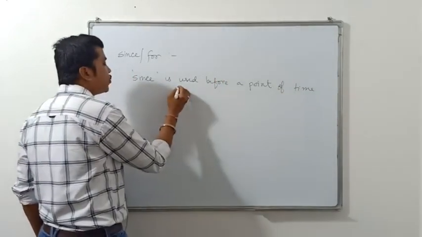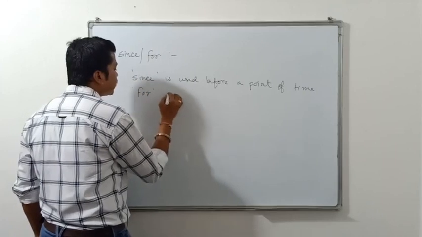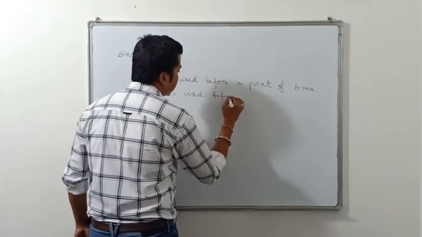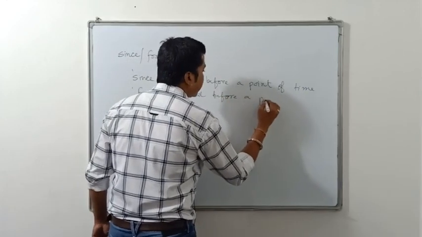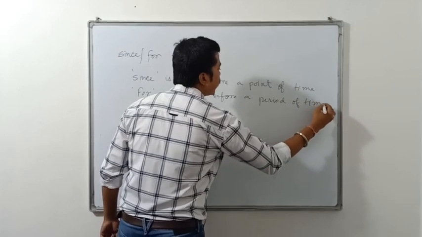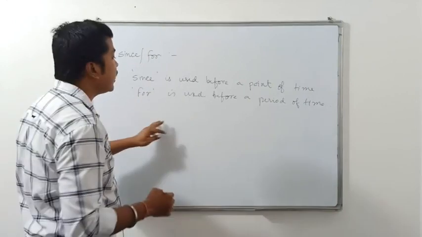Okay, since is used before a point of time, and for is used before a period of time. Now what is this point of time and period of time? Do not get confused. In an easy way you can remember it.